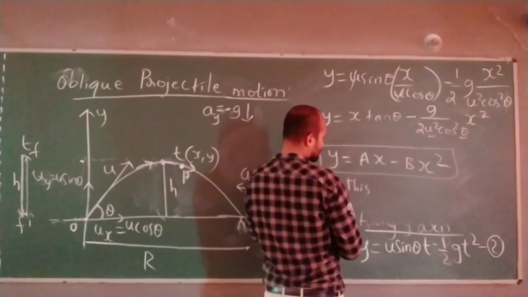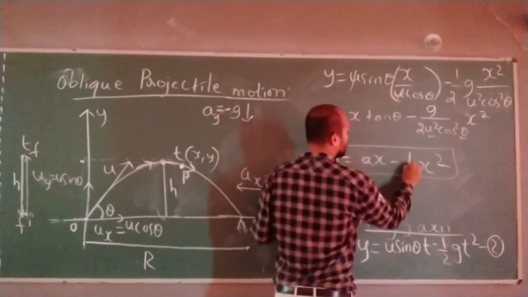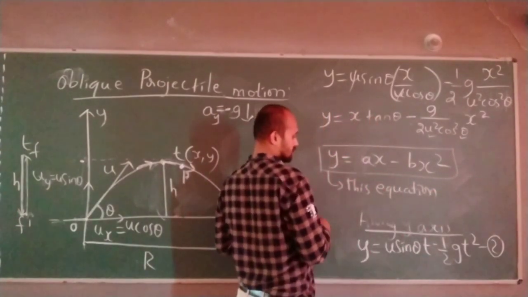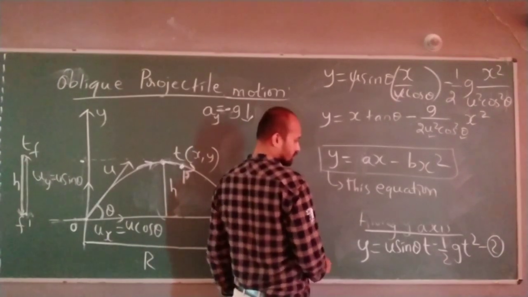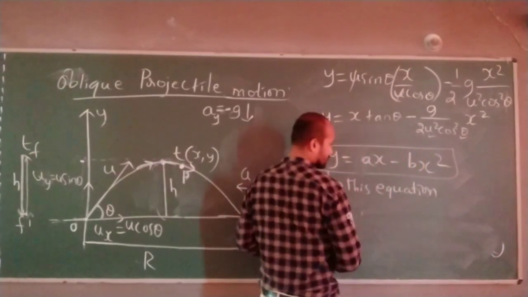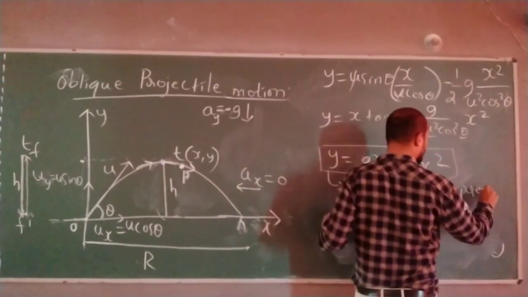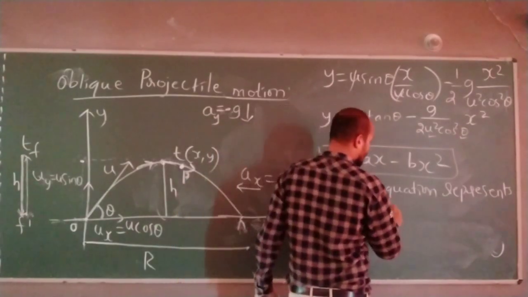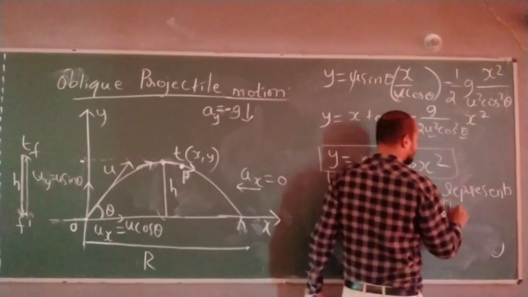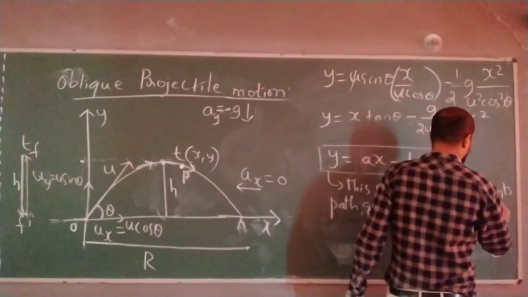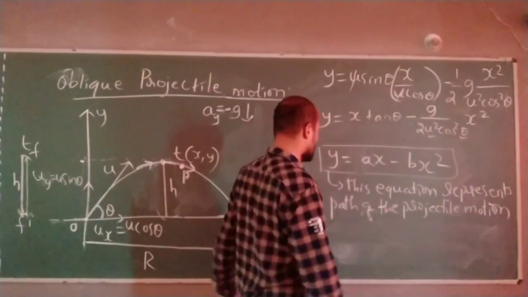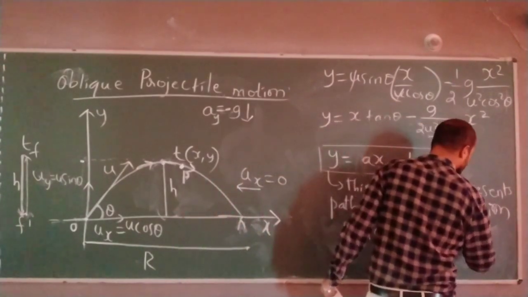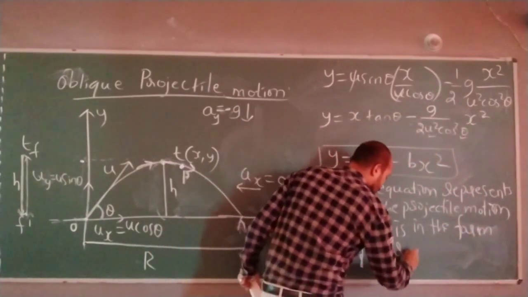This equation, or let me write small, ax minus bx square, represents the path of the projectile motion, which is in the form of a parabola.